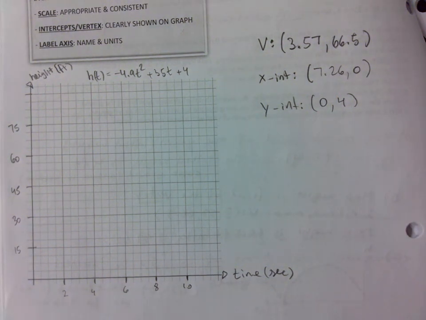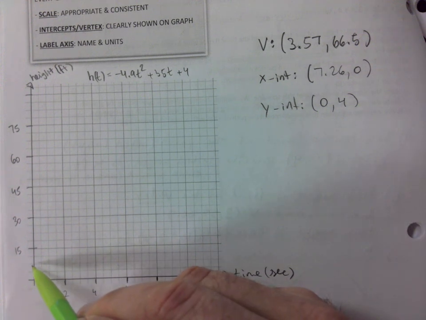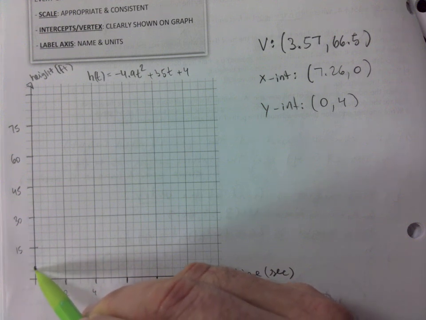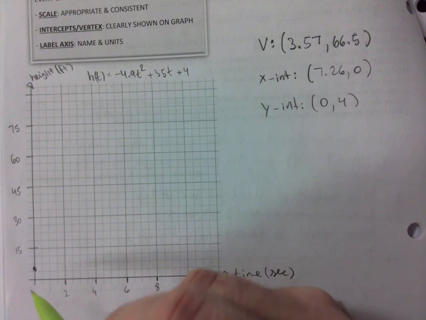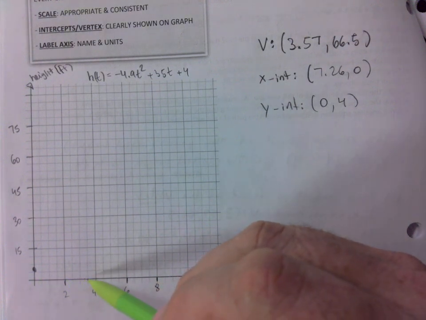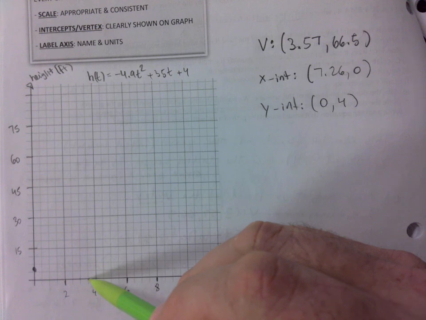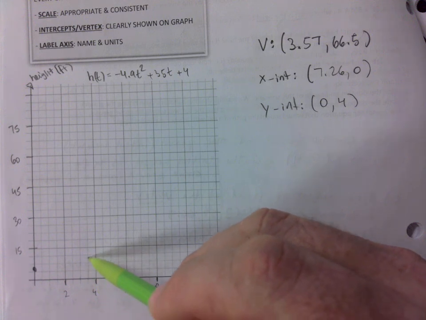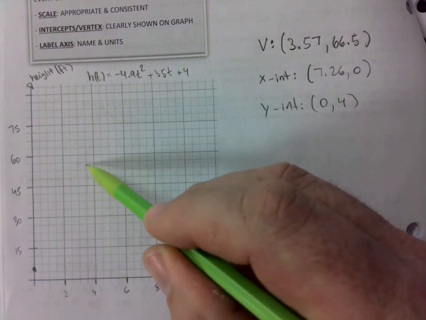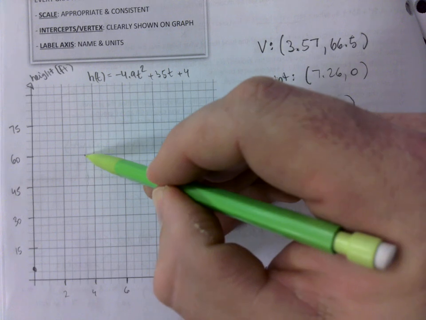I'm going to plot my numbers. Okay? 0, 4. This is 7.5 right here. So 0, 4 will be somewhere in there. 3.57, this is 3 right here. So 3.57 is going to be just over here, and then I go to the top and I find 66.5.